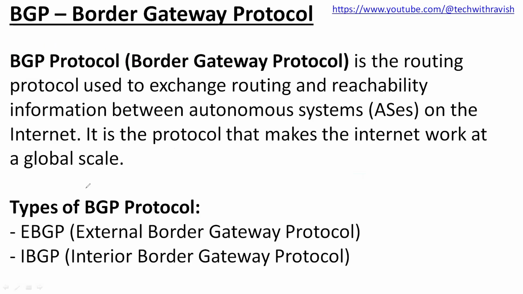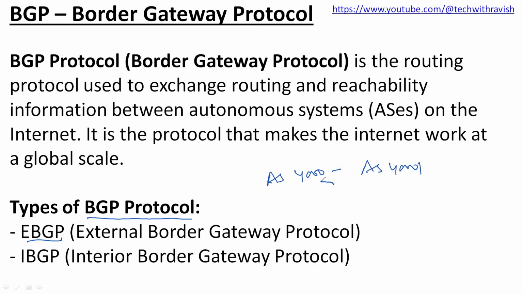We have two types of BGP. eBGP is used between two different autonomous system numbers, like AS 4000 to AS 4001.